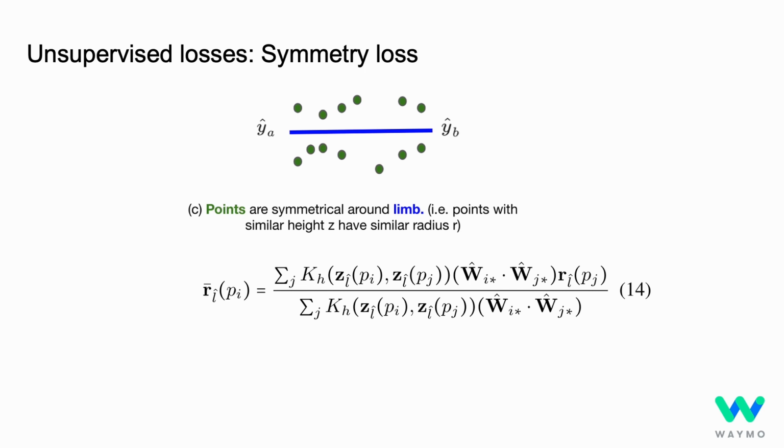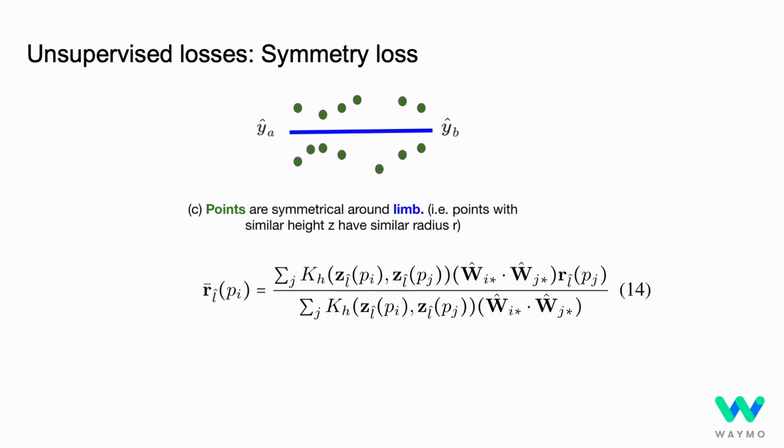It encourages the predicted limb to be in a position such that all points around this limb are roughly symmetrical around it. That is to say, points with similar axial coordinates should have similar radial values. To compute this loss, we need to estimate the densities for radial coordinates conditioned on their axial coordinates. We use kernel density estimators with Gaussian kernels to do this.